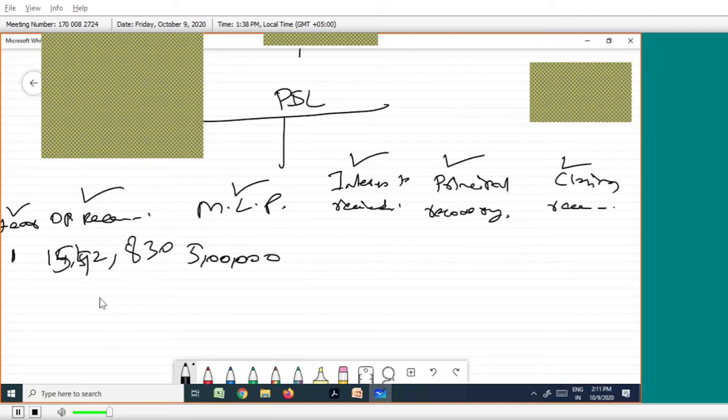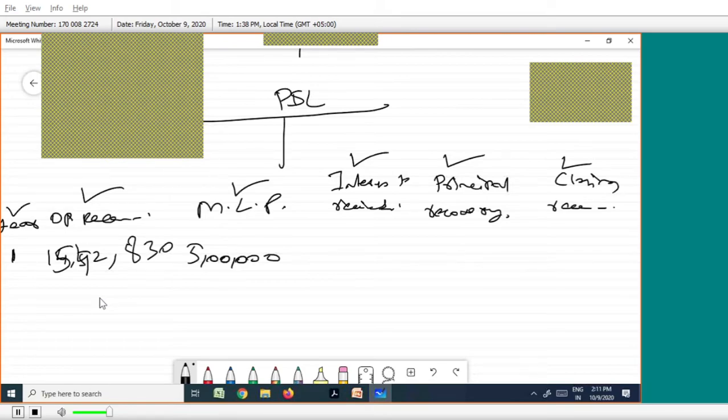So 12,73,792 into 14.97 percentage is 1,90,687. Balance is my principal recovery.